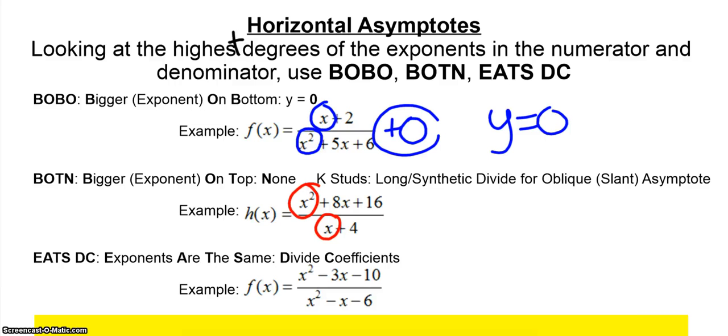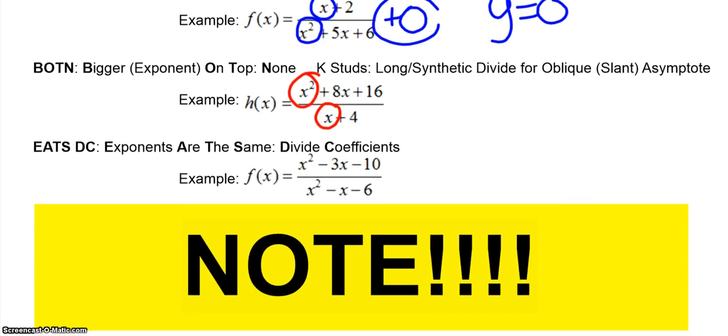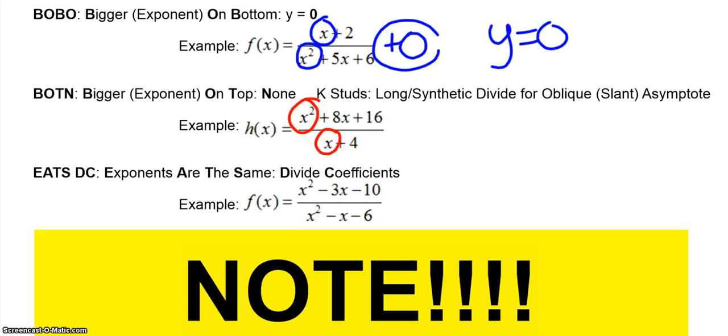If you are in K with us right now, just understand you long divide this problem, and any remainder that you have is tossed away, and you use everything else as your equation for your slant asymptote. We'll talk about that later in case you are confused.